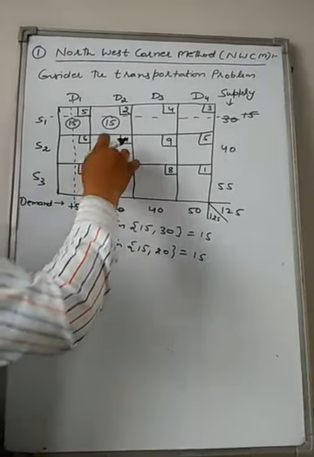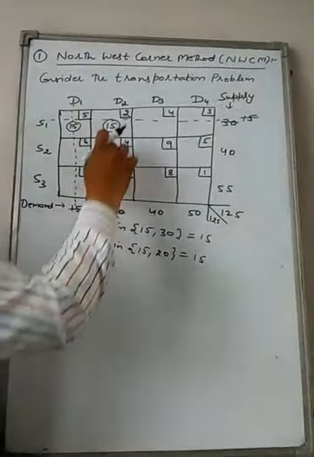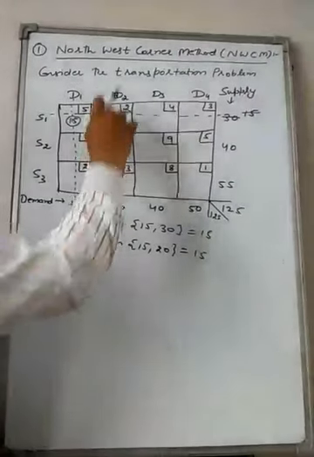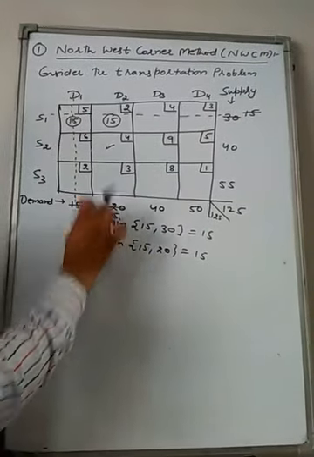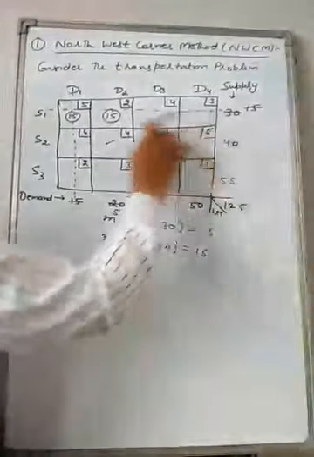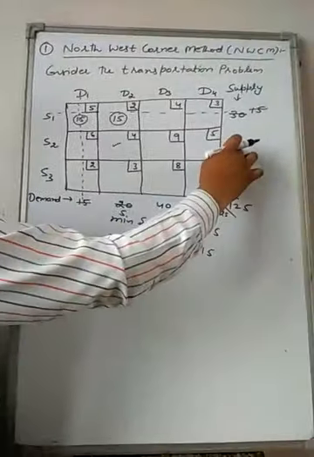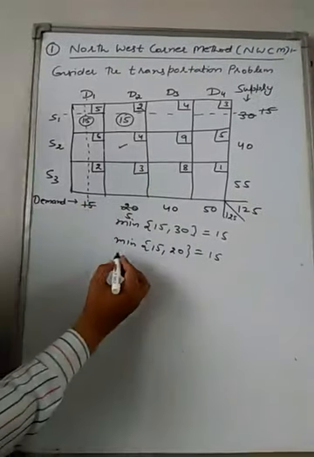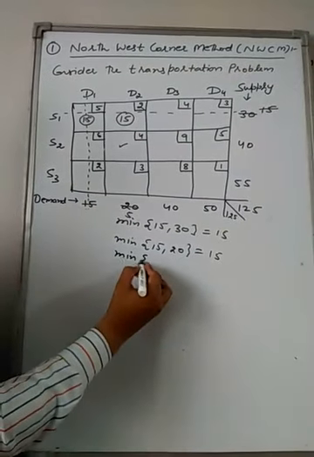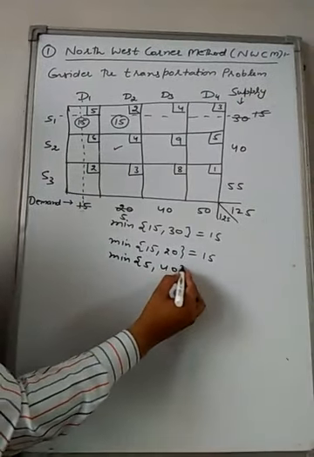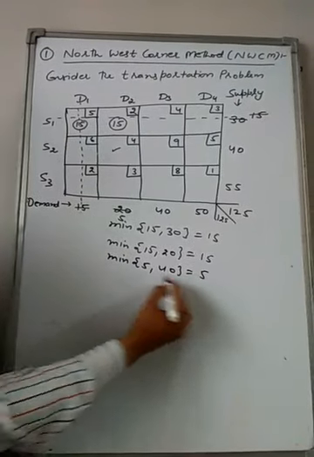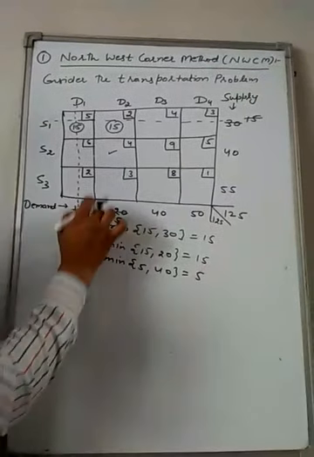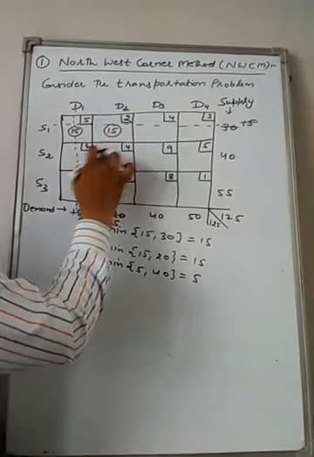The demand corresponding to this column is 5 and the supply corresponding to this row is 40. We will allocate here the minimum of 5 and 40. The minimum of 5 and 40 is 5. Therefore, we allocate here 5.